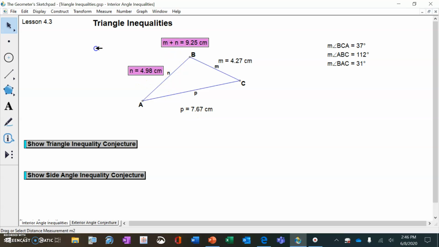The sum of the measures of these two sides has to be always greater than this side. If I bring it down, when they're equal, I don't have a triangle at all. If the sum would be less than, those two sides wouldn't even meet. So here at least they're meeting, but they're meeting on a straight line. In order for me to have a triangle, there has to be some lift here.